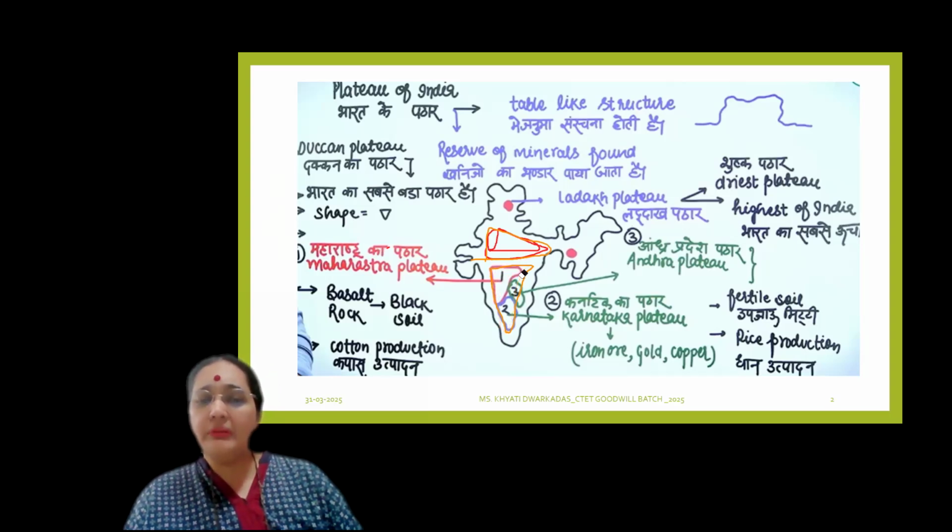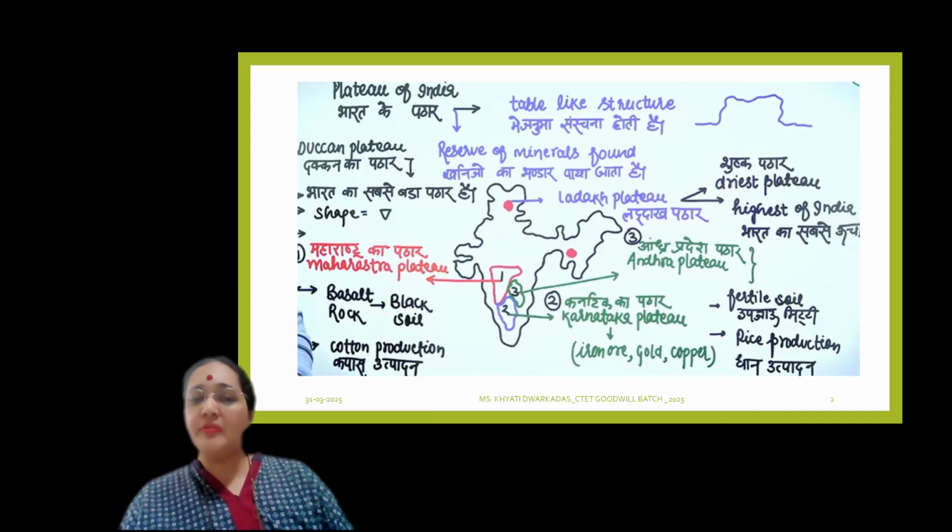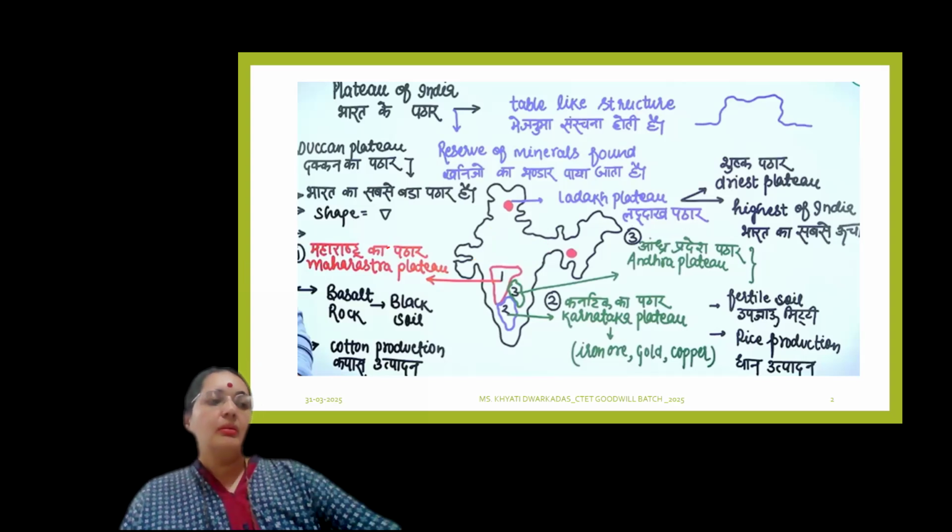When we talk about the Karnataka plateau, which you are seeing is number 2, it is also very, very famous for iron ore, gold, and copper production. So we need to keep that in mind.